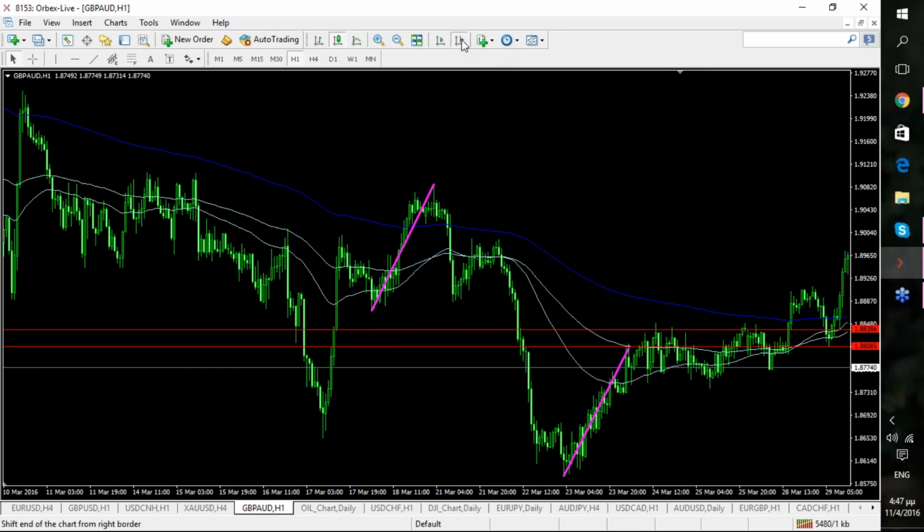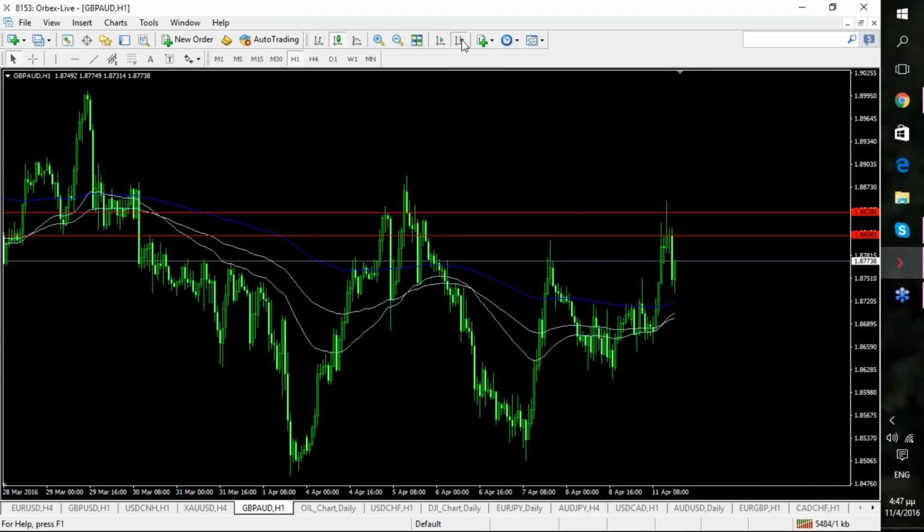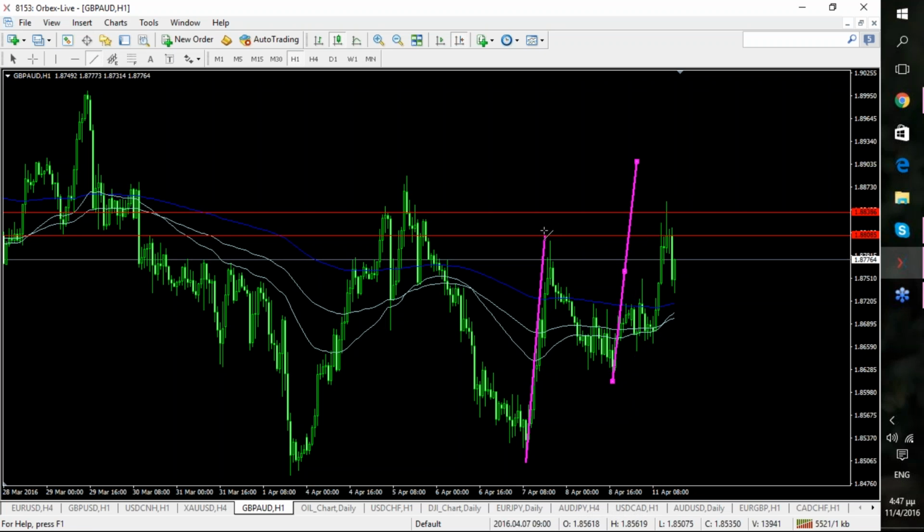Okay, for those who are by any chance trading the GBP AUD, we have got some patterns here as well. Now for the GBP AUD, here I'll just draw up the pattern and then explain to you guys. I could see a potential ABCD here, okay, based on what I see there.